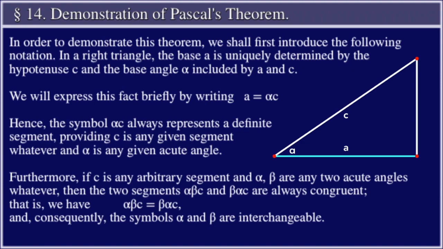Furthermore, if C is any arbitrary segment, and alpha and beta are any two acute angles whatever, then the two segments alpha beta C and beta alpha C are always congruent. That is, we have alpha beta C equals beta alpha C, and consequently the symbols alpha and beta are interchangeable.